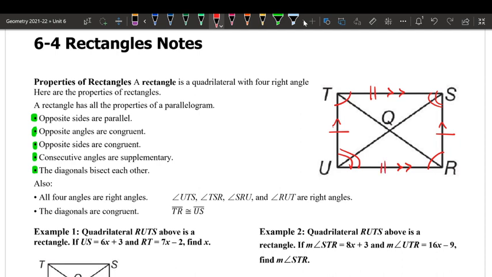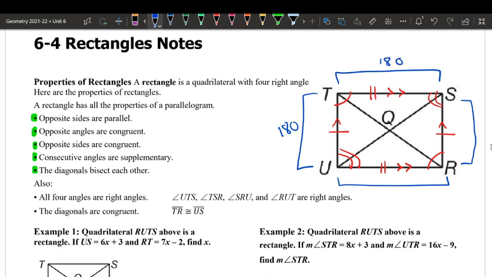Consecutive angles are supplementary. So on any side of the parallelogram, the two consecutive angles, one angle immediately following the other, add up to be 180 degrees. And it doesn't matter which part you look at. It could be the top, it could be the right, or it could be on the bottom.